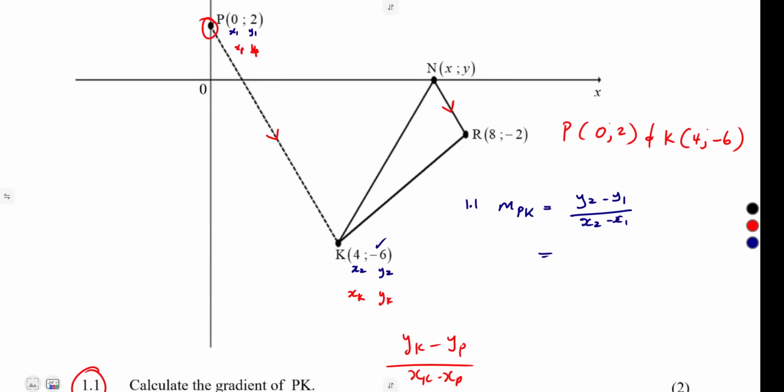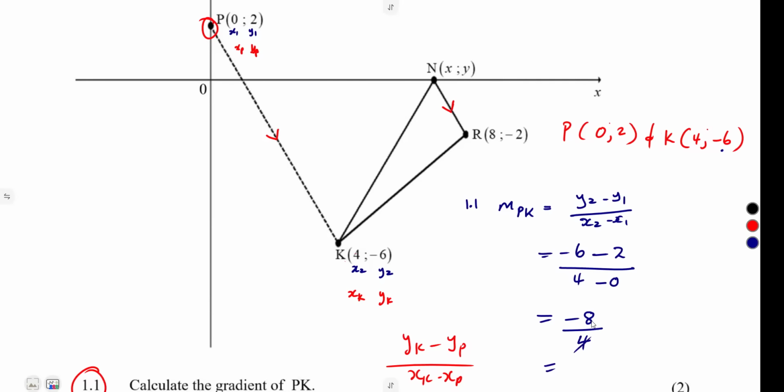y2 is -6, so that's -6 minus y1, which is 2, over x2, that is 4, minus x1, which is 0. So -6 minus 2 is going to give us -8, and 4 minus 0 is 4.